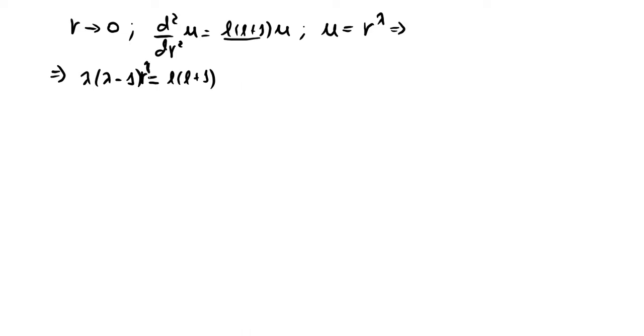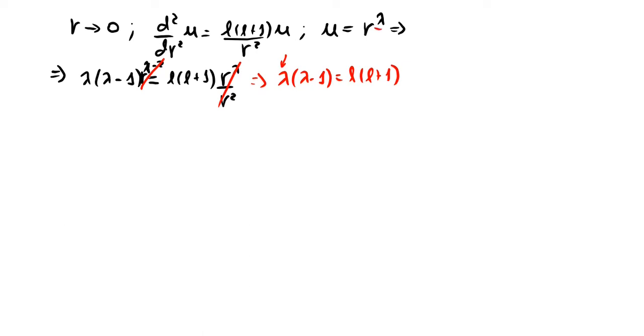Oh, actually I forgot to put an r squared here. And as I have r to the lambda here and an r squared in the bottom, this is r to the lambda minus 2, and this is going to cancel out this other term here. Then that's fine. So if I say that lambda minus 1 is equal to L plus 1, then I find the lambdas that solve this equation.